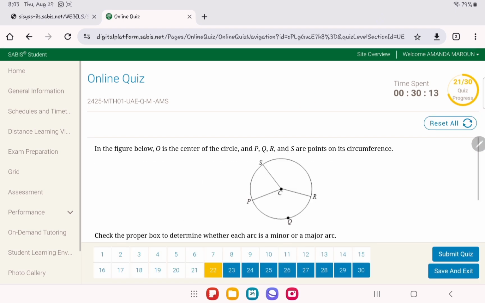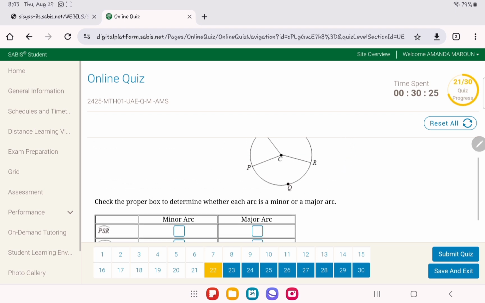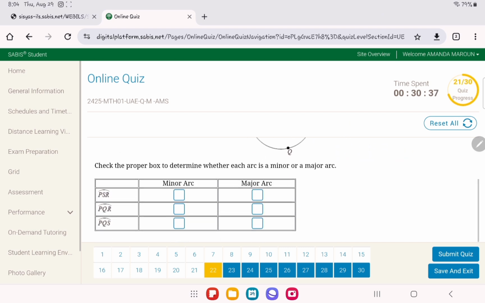Number 22. In the figure below, O is the center of the circle and P, Q, R, and S are points on its circumference. Check the proper box to determine whether each arc is a minor or major arc. Okay, first arc is PSR. Does it look like a minor or a major arc? It looks like a major arc because it is greater than 180.